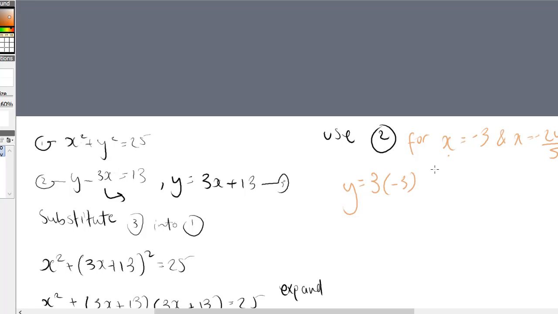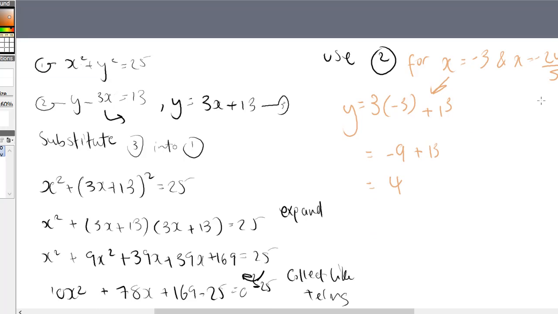I'm going to put x equals minus 3 in. So this gives me minus 9 plus 13, which gives me 4. And then for this one here, y equals 3 times minus 24 over 5 plus 13.